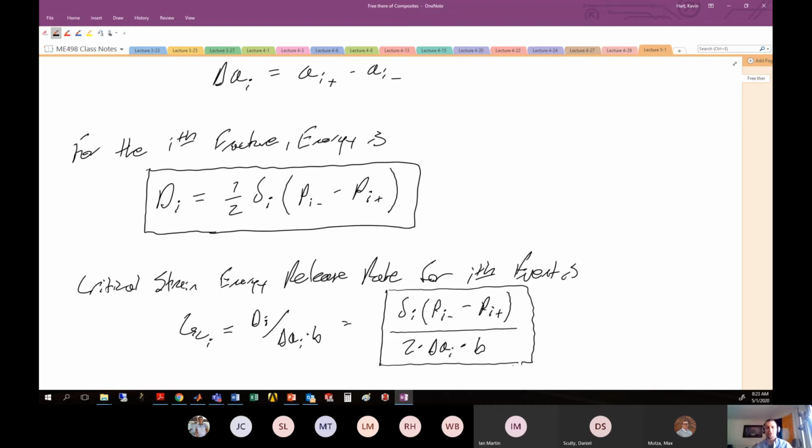So if you're setting up a fracture experiment, you need to know the displacement, you need to know the load, and you need to somehow track the crack during the experiment. All right, that's the hardest part if you're ever doing a fracture experiment, is that you need to know how much crack advance there is, because you need to know your crack opening area so that you can normalize by this area appropriately.